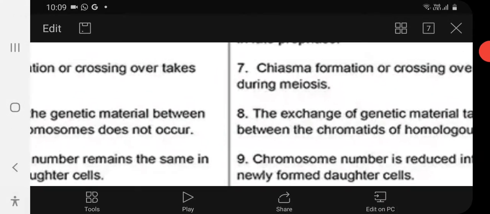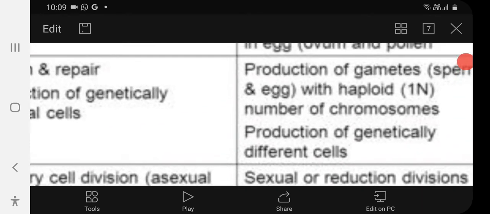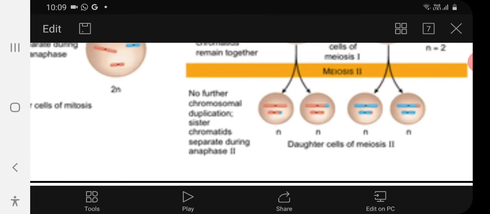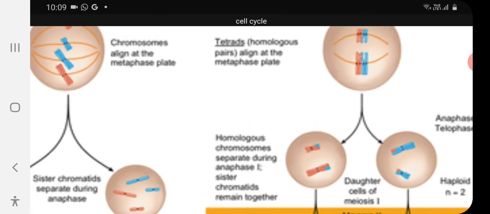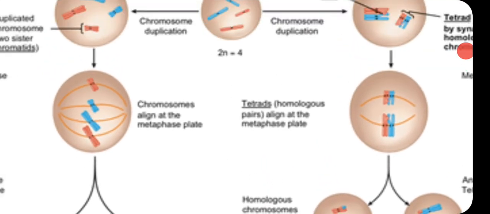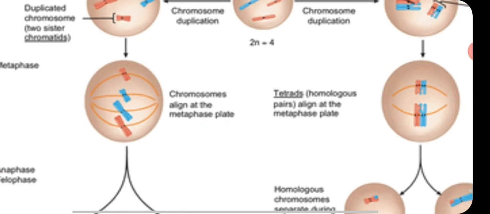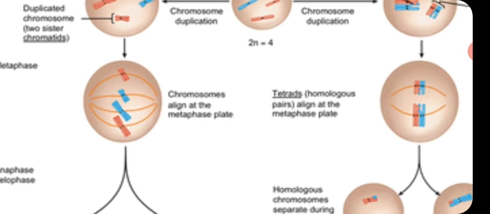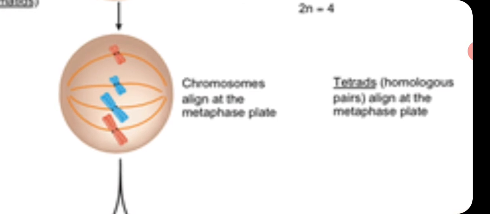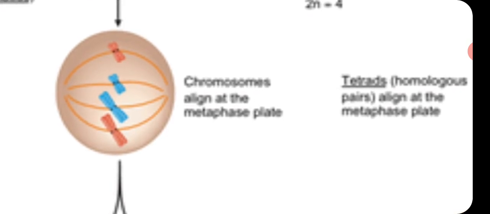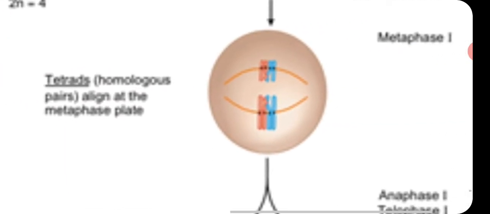I will show in the figure. If you see here, this is metaphase. Only single chromosomes are arranged on the equatorial plate during metaphase of mitosis, whereas in metaphase 1, not single chromosomes but homologous chromosomes are arranged on the equatorial plate.